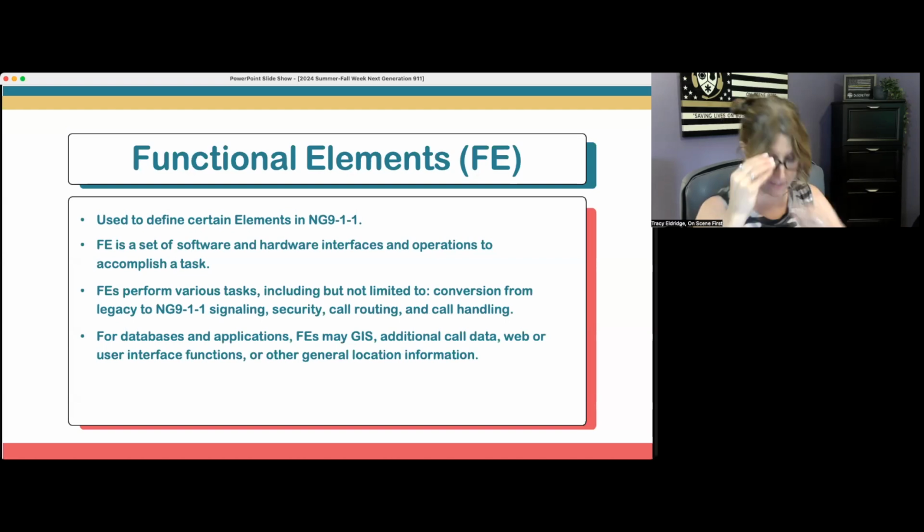They all have their place. For databases and applications, FEs may be GIS, additional call data, web or user interface functions, or other generalized location information. So it's bringing in data from all kinds of different places.